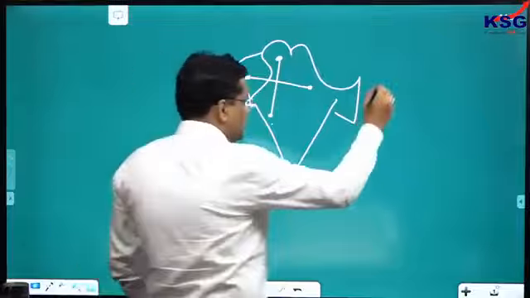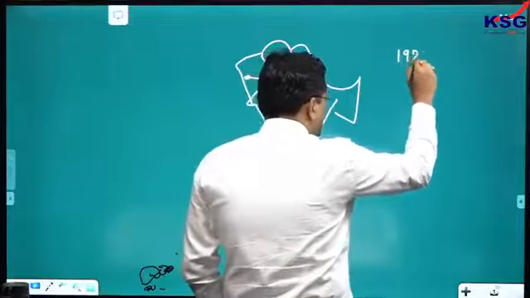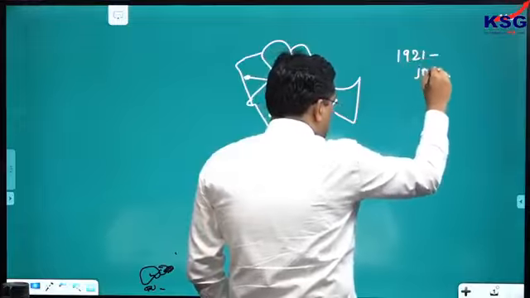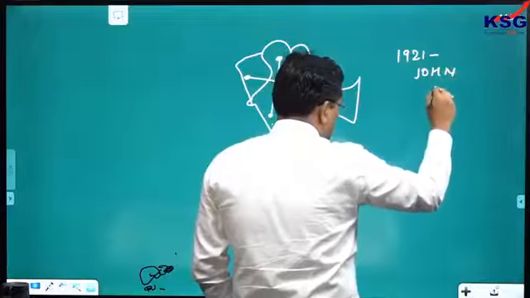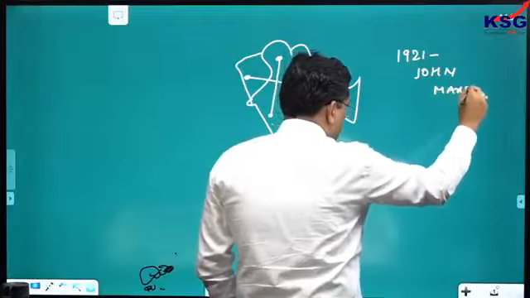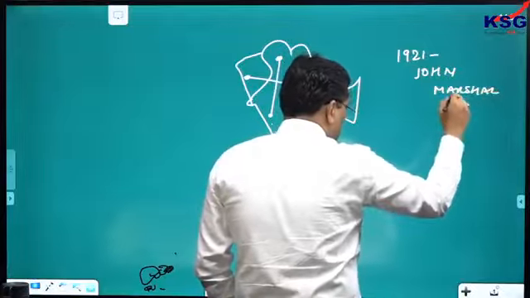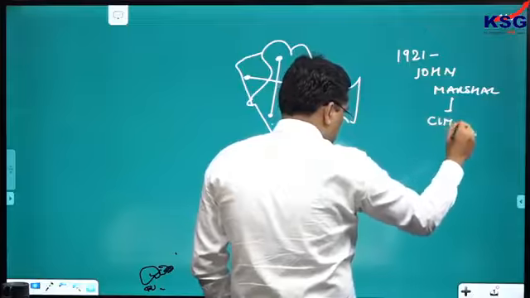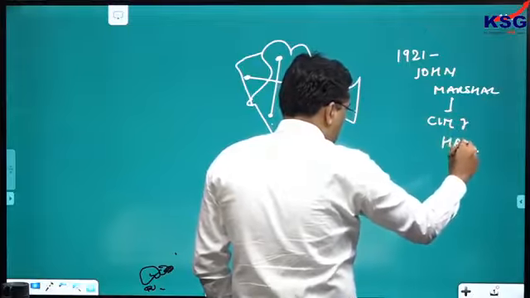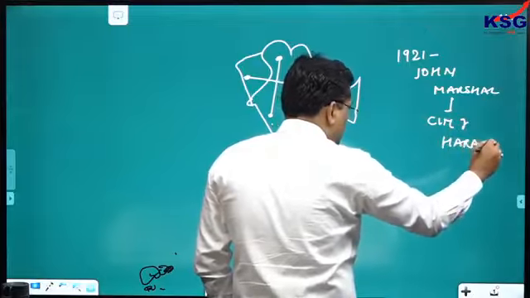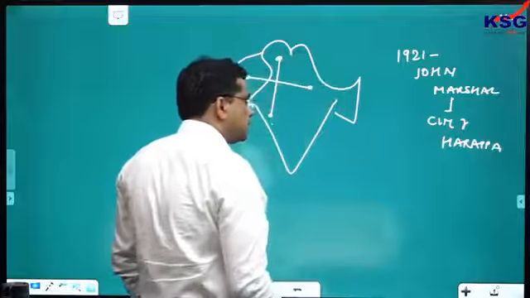So in 1921, John Marshall surveyed the city of Harappa, and he found very extensive urban sites.